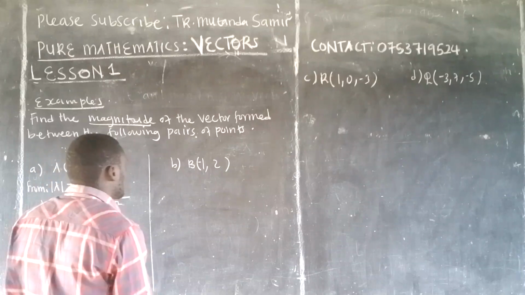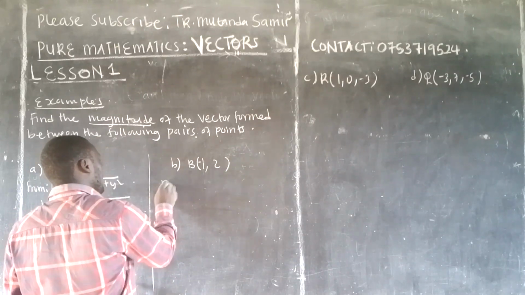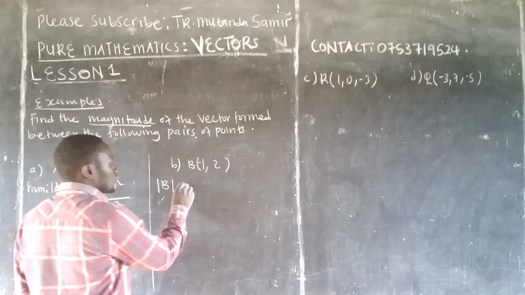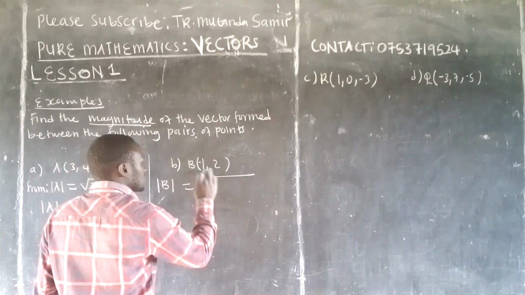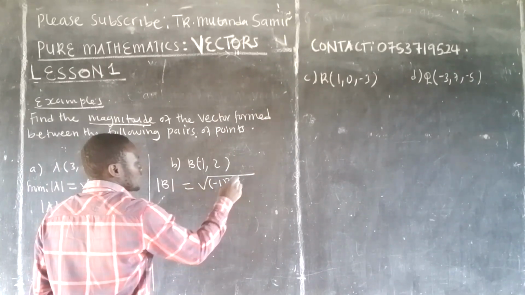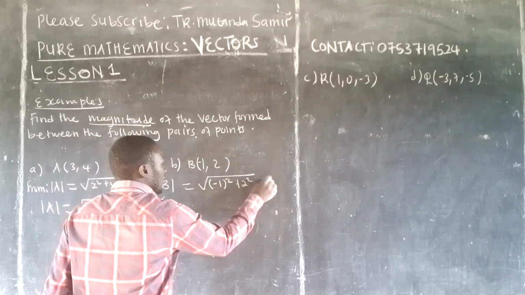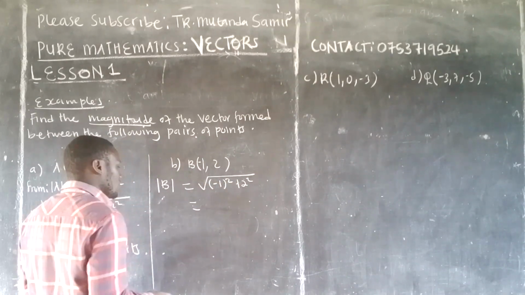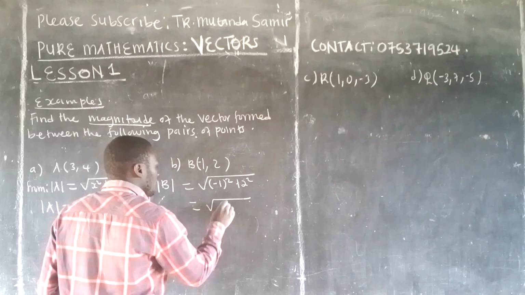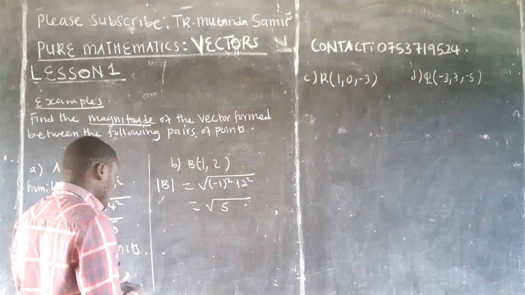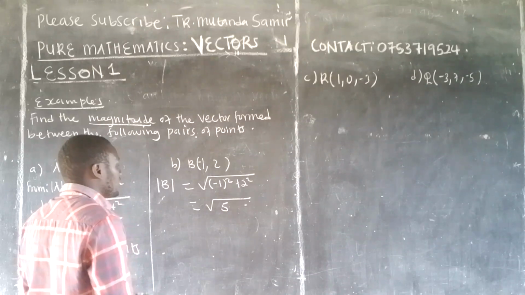Let's now come to this. We have B, therefore the magnitude of B. Since I've already defined it here, it will be equal to a square root. Now negative a half. Please learn to use brackets. The square root of (-1) squared plus 2 squared, like that. So this will give us the square root of 5, because (-1) squared is 1 plus 2 squared, which is 4, gives us 5.